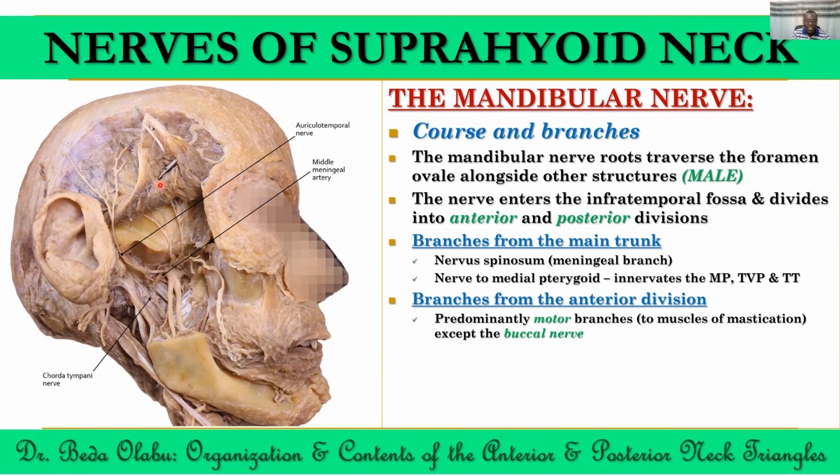So the other three muscles, masseter, temporalis, and lateral pterygoid, receive 4 branches from the anterior division. And I'm saying 4 because remember, temporalis receives 2. Then the fifth branch of the anterior division is the buccal nerve. This buccal nerve is the only sensory nerve. It supplies the skin over that region.